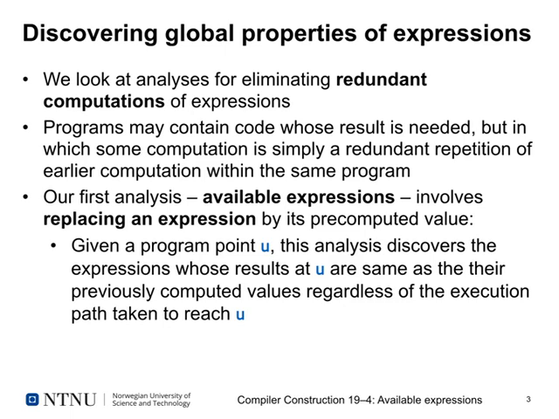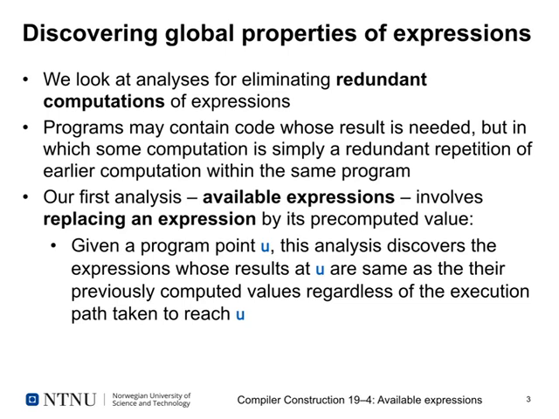So we're repeating some computation that has happened before in the execution of the very same program. If this has happened before, maybe we won't have to do it again. This first analysis, and we'll see another one in the next lecture, is called available expressions, and it is concerned with replacing an expression by a pre-computed value.